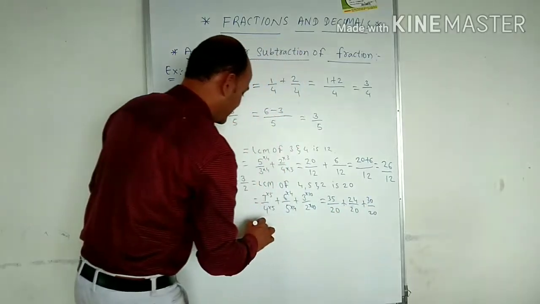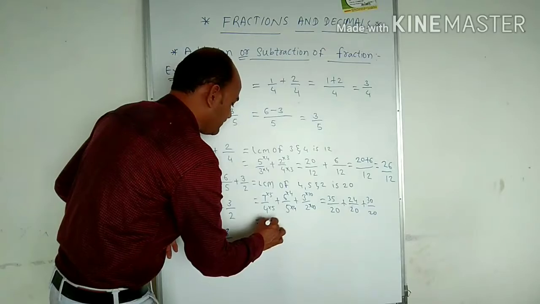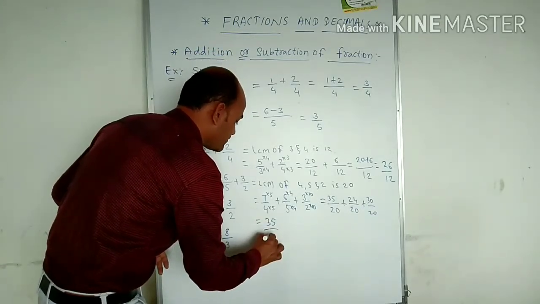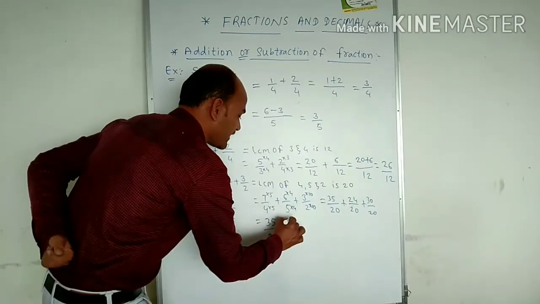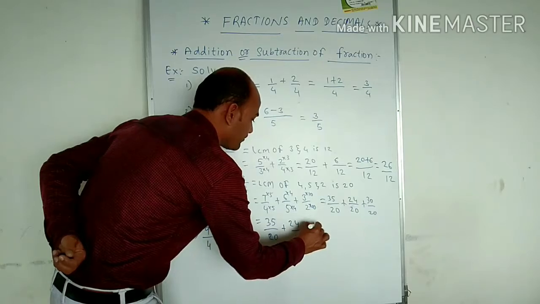Now what do we get here? 7 fives are 35 upon 4 fives are 20, plus 6 fours are 24 upon 20, then 3 tens are 30 upon 20.